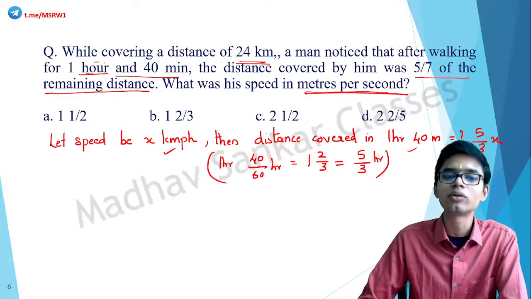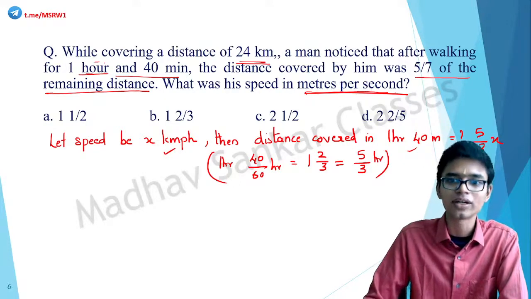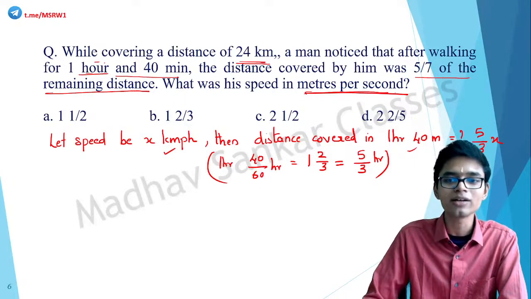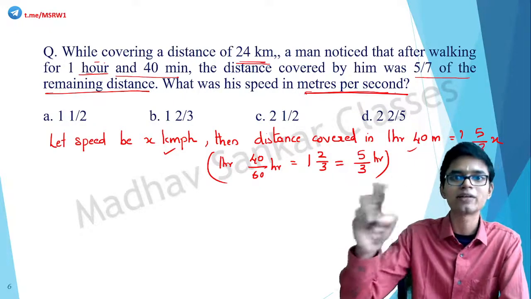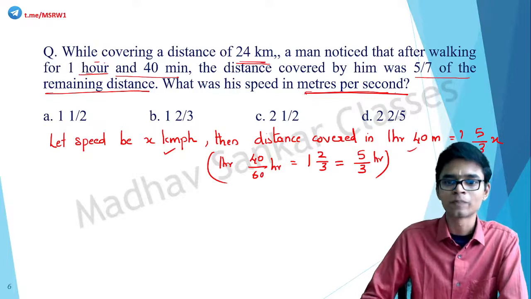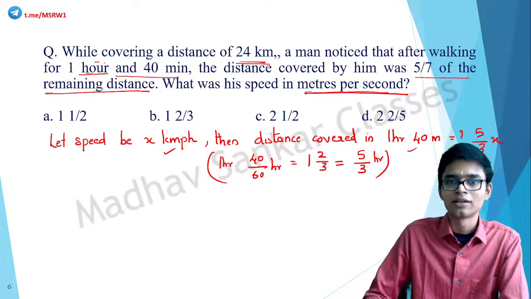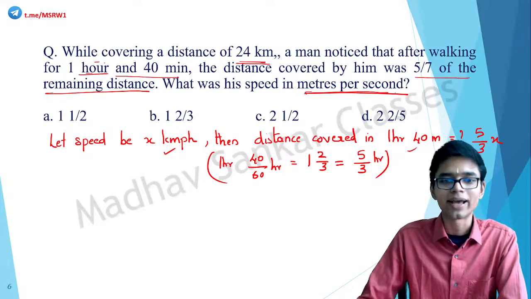Since the x we took is in kilometers per hour, we are converting the whole time in hours. Converting minutes to hours, dividing 40 by 60, that is 1 and 2 by 3, equal to 5 by 3, converting a mixed fraction into an improper fraction. So we get 5 by 3 x as the distance covered.